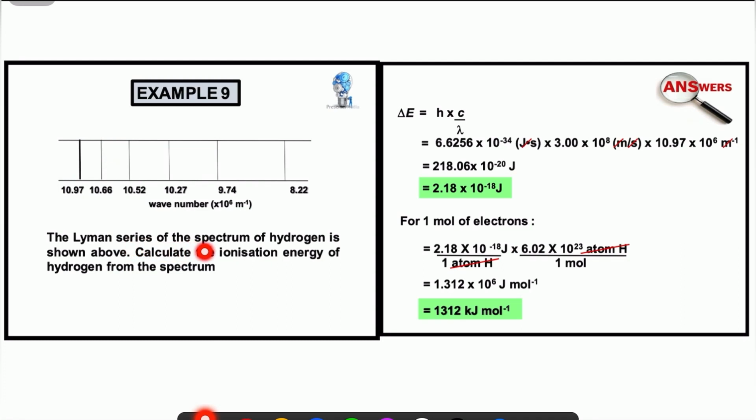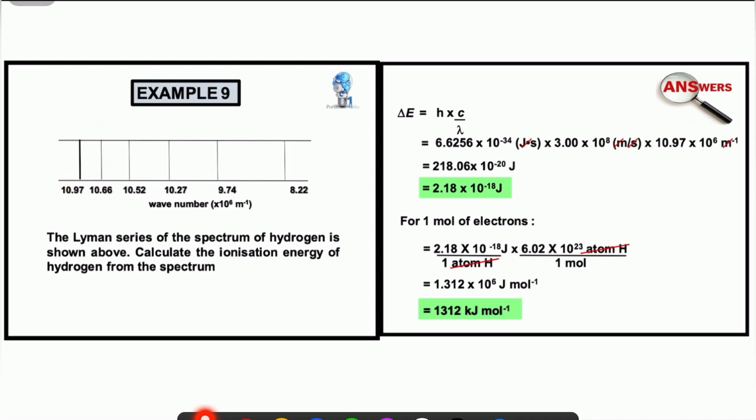The Lyman series of the spectrum of hydrogen is shown above. Calculate the ionization energy of the hydrogen atom from the spectrum. Because it gives you the wave number, delta E equals hc over lambda. Here you can see it is 1 over lambda. So it is the Planck constant times the speed of light times the wave number for the convergence point.